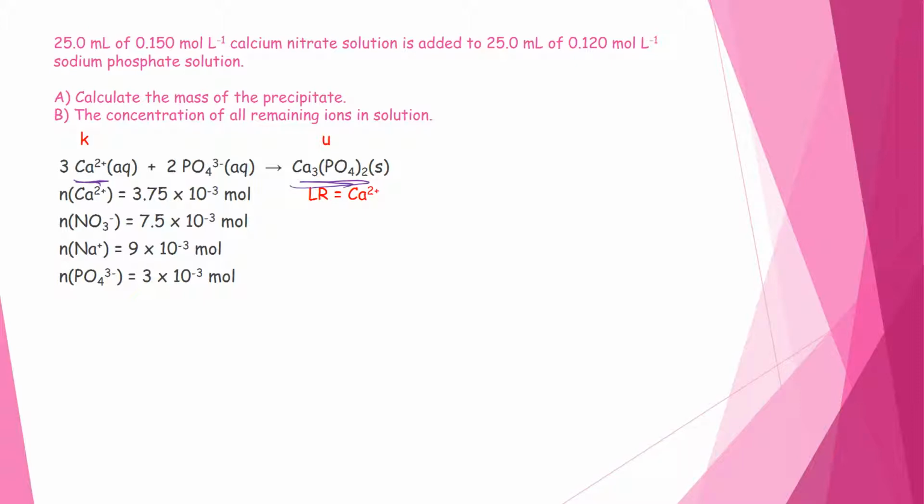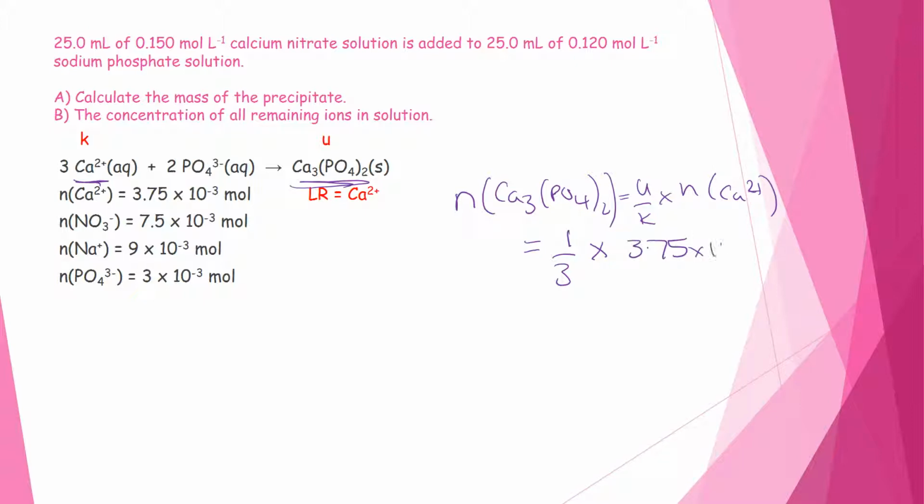So the number of moles of calcium phosphate equals unknown over known times the number of moles of calcium ions, which in this case will be 1 divided by 3 times the number of moles of calcium, which is 3.75 by 10 to the negative 3. And this comes out to be 1.25 by 10 to the negative 3 moles.